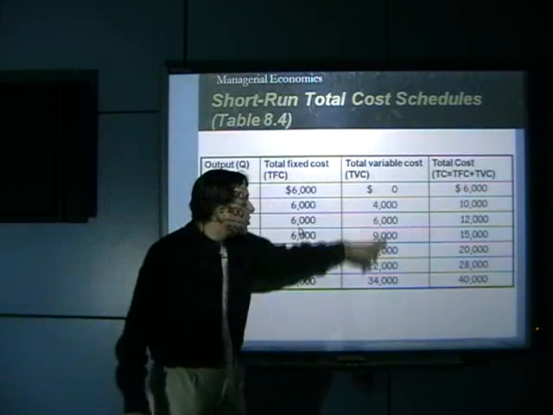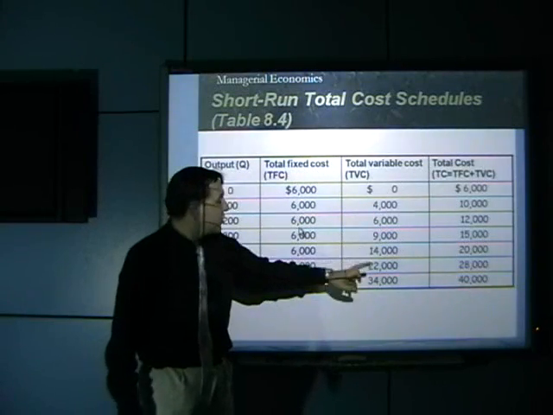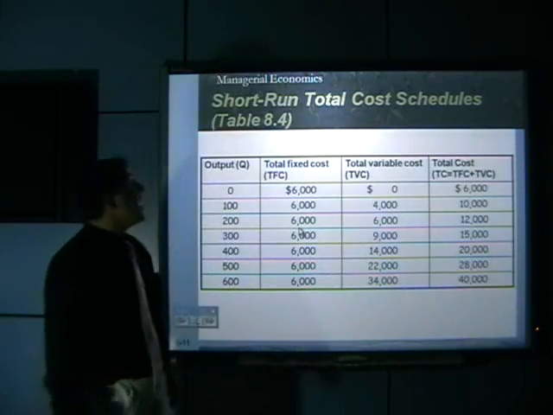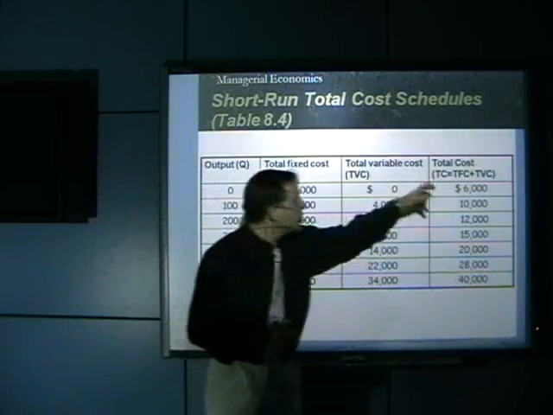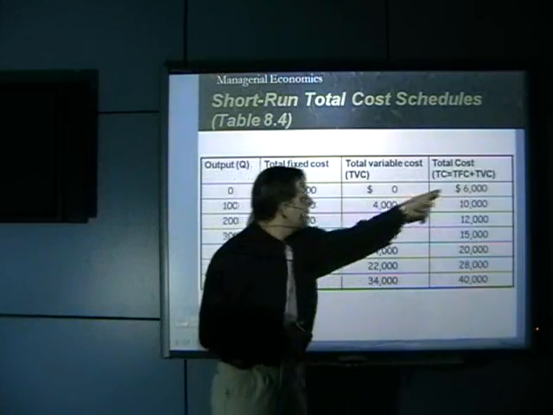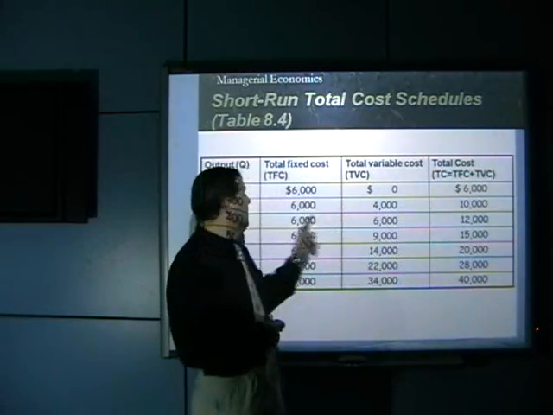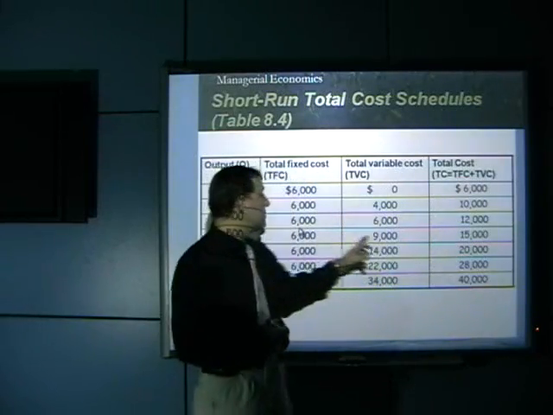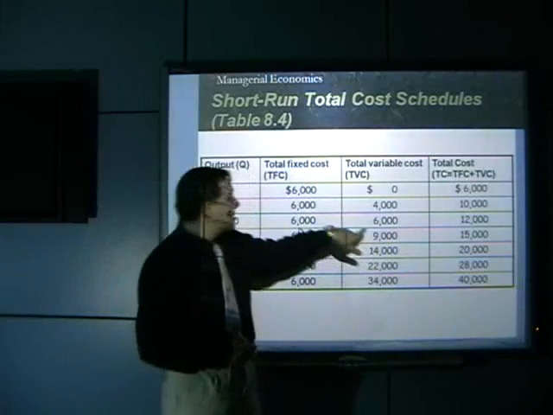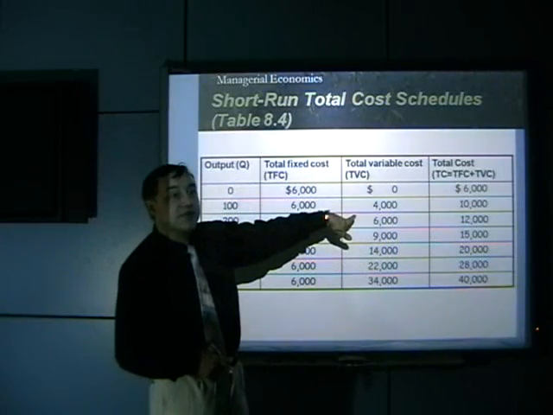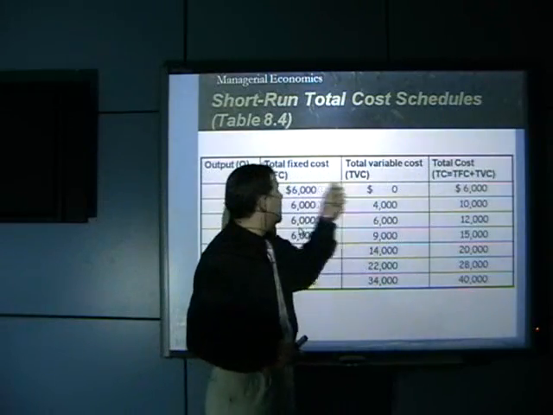Now, the variable cost rises. 4, 6, 9, 14, 22, 34. And now, you see, this is total variable cost. The total cost is 6. You see, 6 plus 0, 10, 6 plus 4, 10. 6 plus 6, 12, right? 6 plus 9, 15. So, the right column is the sum of the previous two left columns. It's just simple. You know, this one is simply this plus this.